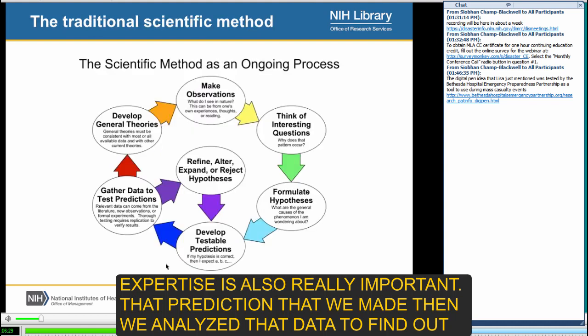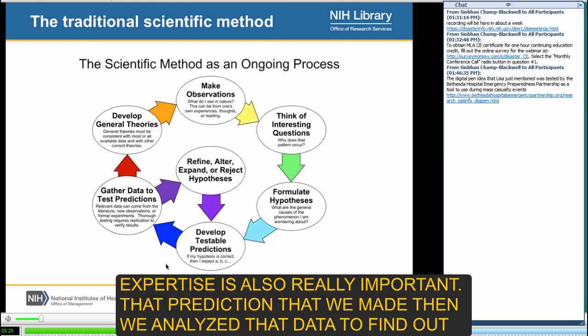To compare and contrast this with the traditional scientific method, you're probably familiar with the scientific method as it's displayed in a chart like this. This is something that we learn very early on in school. Typically the scientific method would start with developing a hypothesis about the way that the world works.